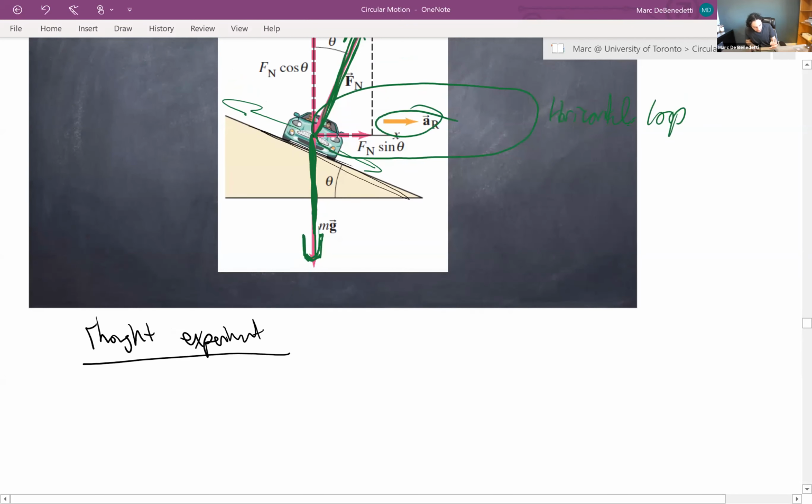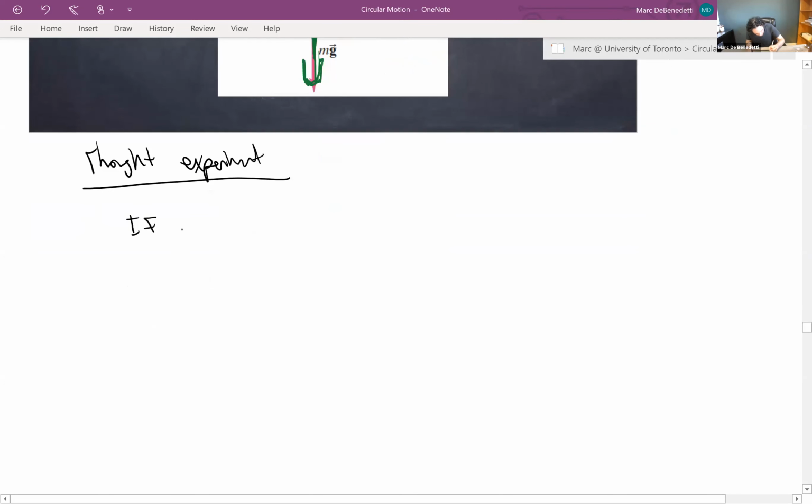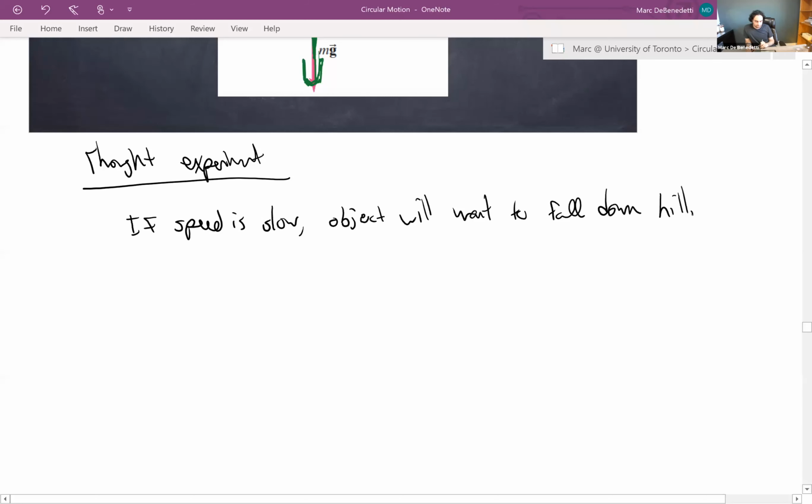What's going to happen is, if speed is slow, the object will want to fall down the hill.